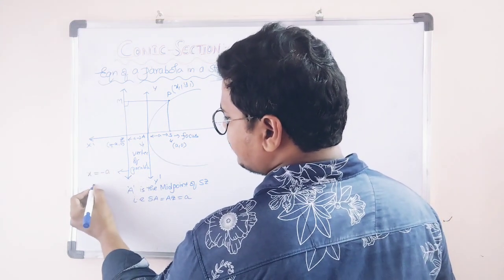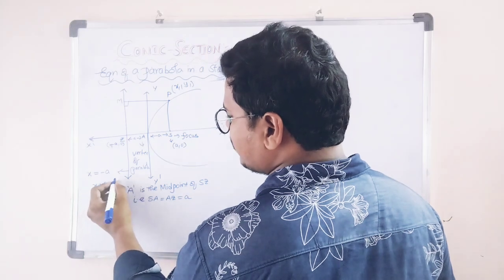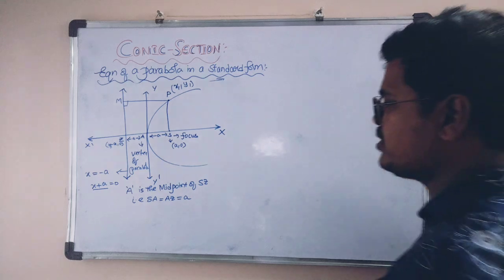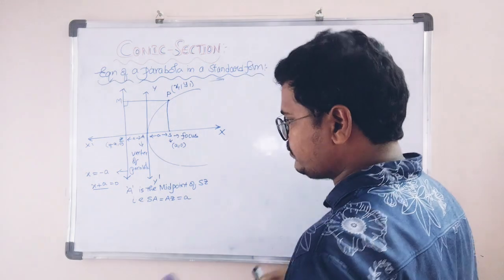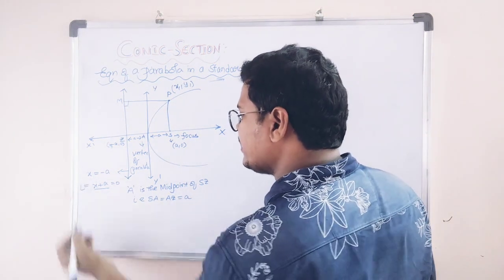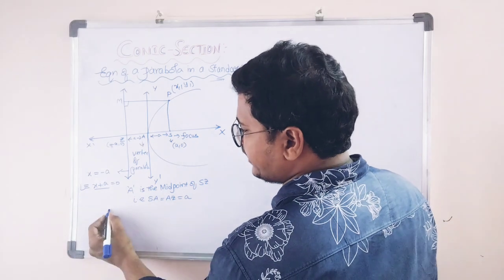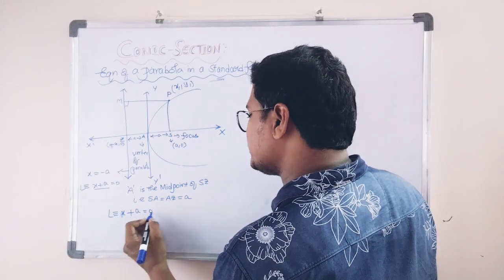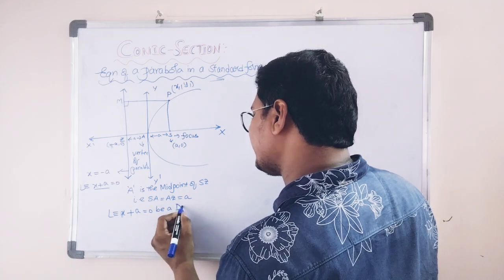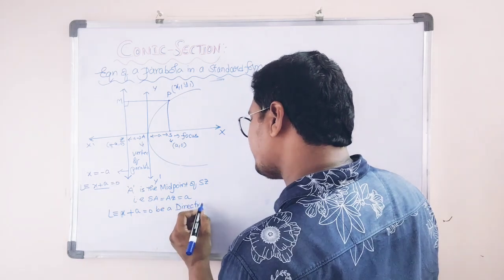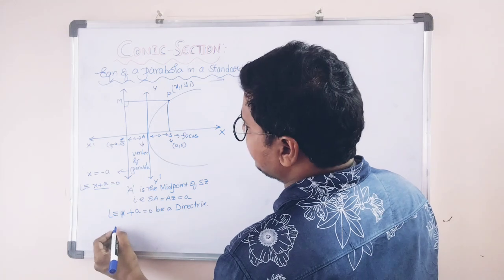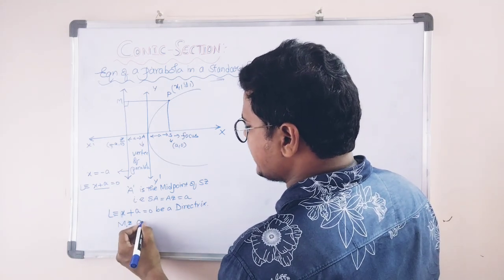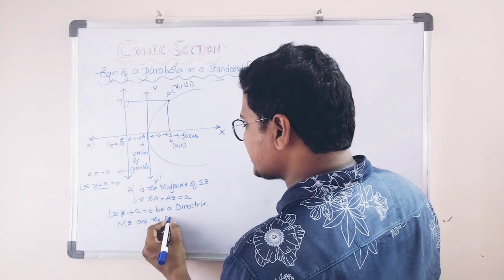That's why we call it x plus a equal to 0. x plus a equal to 0 is the directrix, which is denoted with L. Now in simple general words we are writing, and M and Z are the projections.